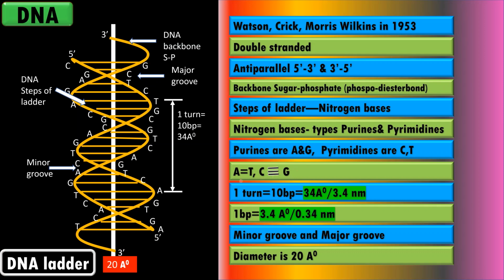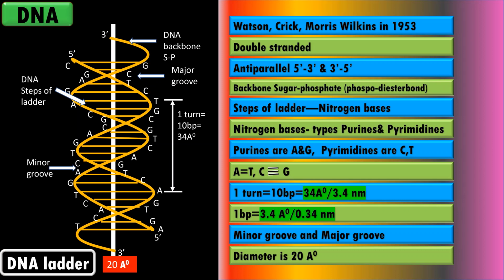In case of DNA, A pairs with T and C pairs with G. One turn of the DNA has 10 base pairs with a length of 34 angstrom. Therefore, one base pair has a length of 3.4 angstrom, which is nothing but 0.34 nanometer. Due to twisting, the DNA shows small grooves, that is minor grooves. Larger grooves are called major grooves. The diameter of the DNA is 20 angstrom.